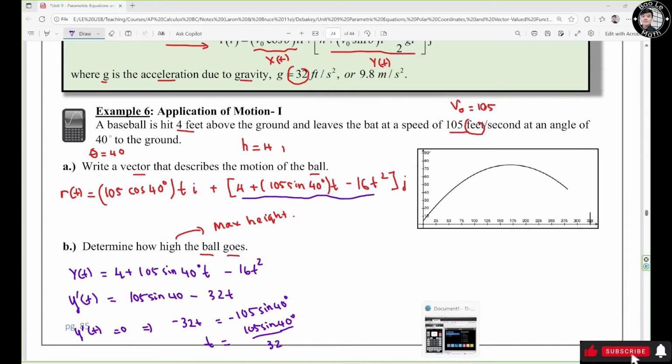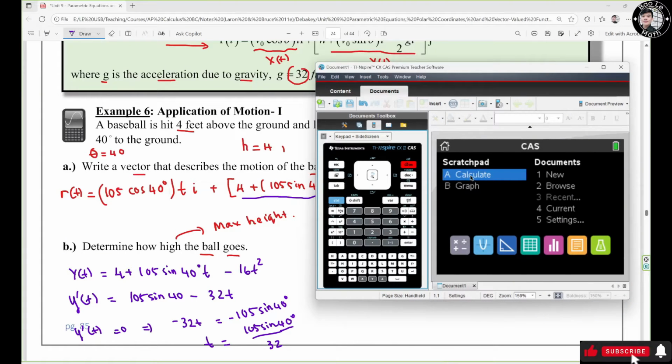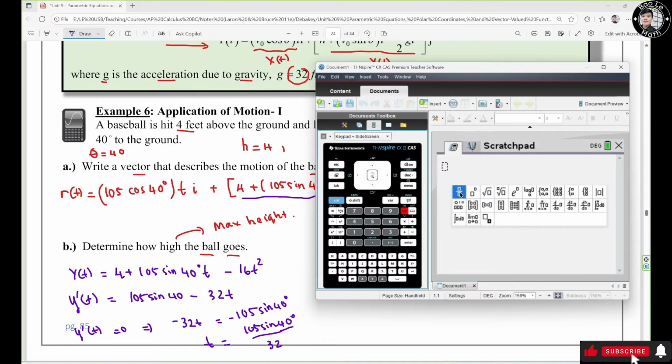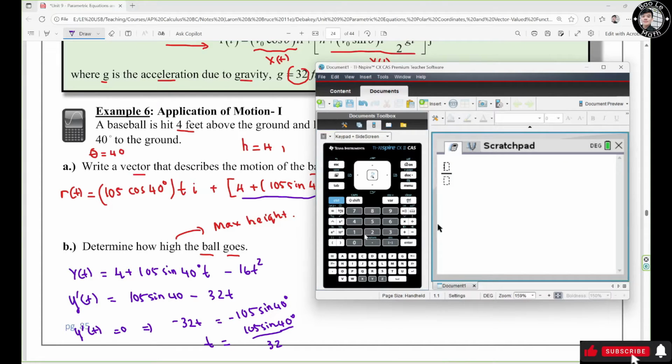Now you're going to bring up the calculator. You look at the upper right corner right here. This must be degree because you have degree right here. If it's radian, you need to convert it to degree. So you're going to press the fraction, put 105 trig sine of 40 over 32, and press enter.